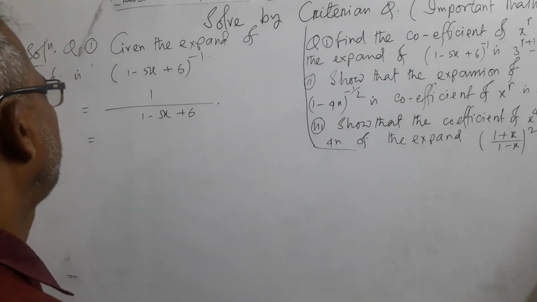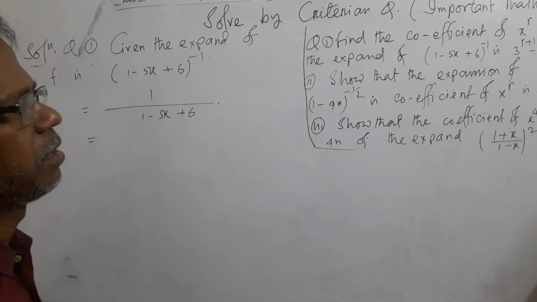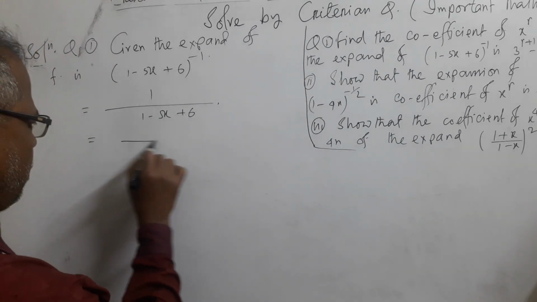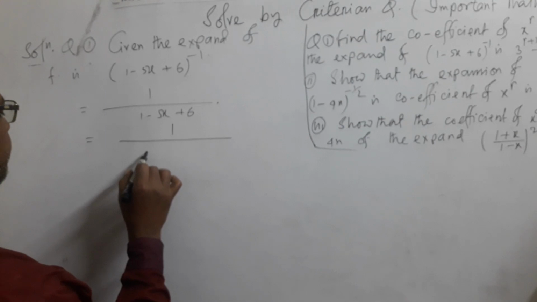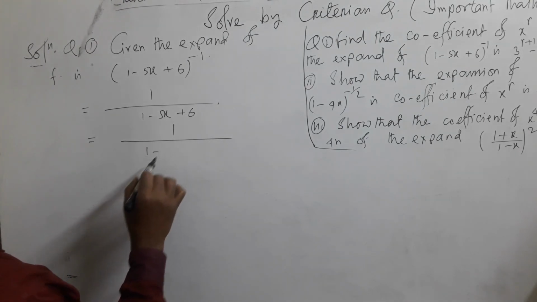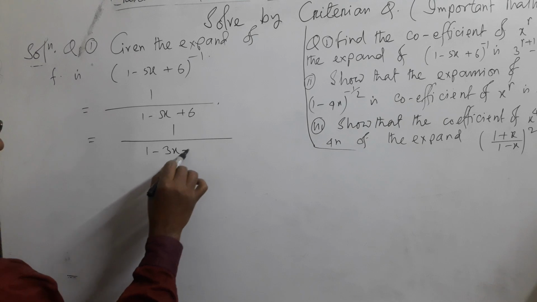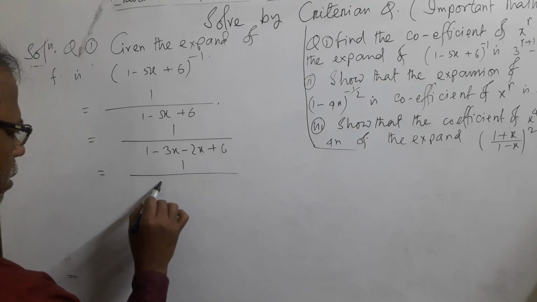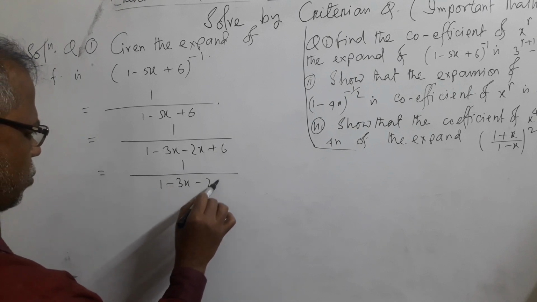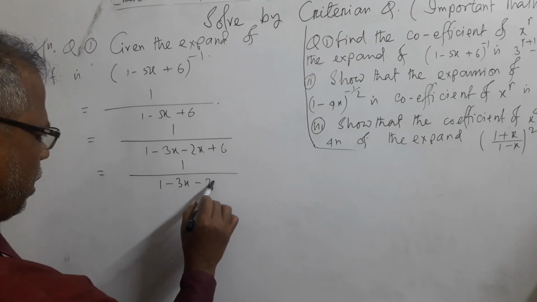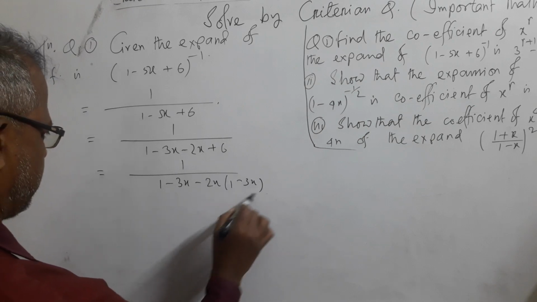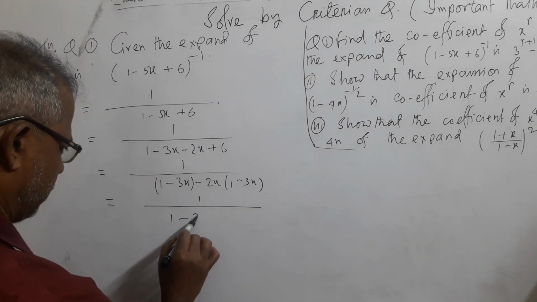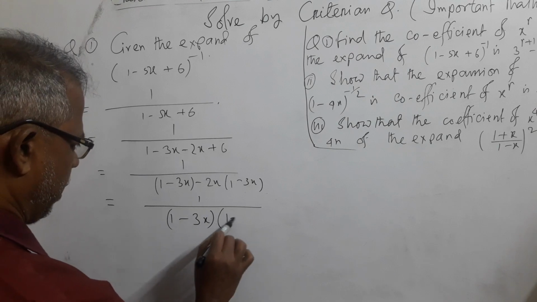Given the function to expand is (1 minus 5x plus 6) to the power minus 1, that is 1 by (1 minus 3x)(1 minus 2x).